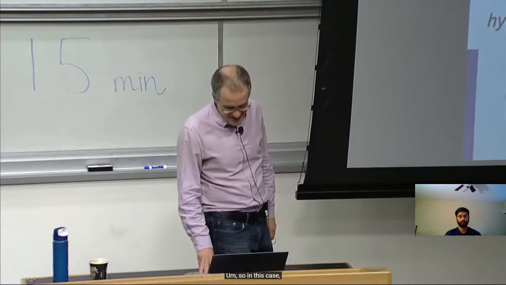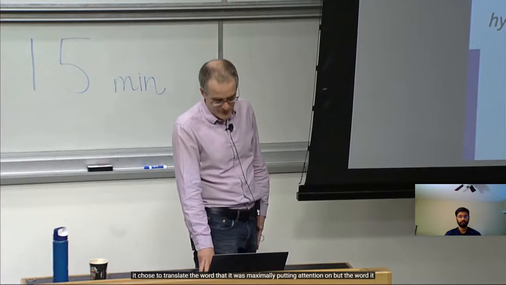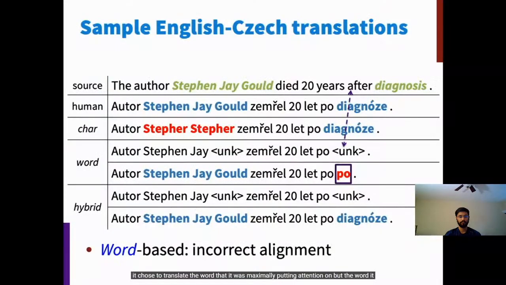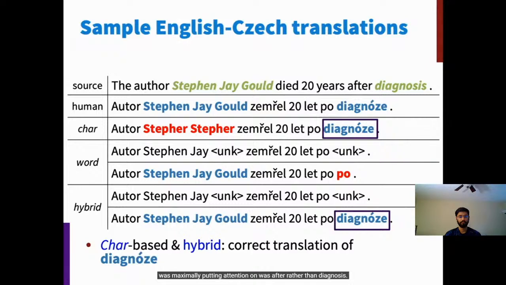In this case, it chose to translate the word it was maximally putting attention on, but the word it was maximally putting attention on was "after" rather than "diagnosis", and so you just get this "po" coming out of "after", and we've completely lost the word. And in this example, our hybrid system just ends up working beautifully and gives you exactly the right translation. Yay! Of course, it's not always that good in the real world.